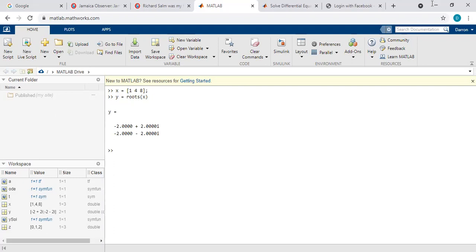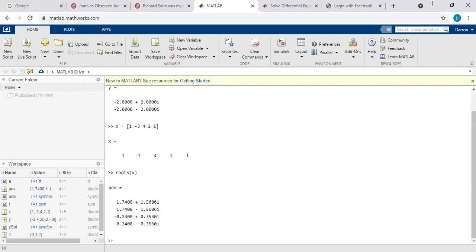If we have any polynomial at all, let's say x to the fourth, so 1x⁴ minus 3x³ plus 4x² plus 2x plus 1, and I want to find the roots of that, I just put in roots of x, and we get the roots of the equation.